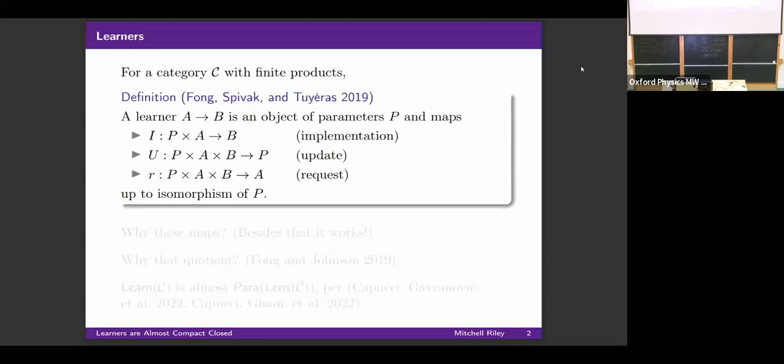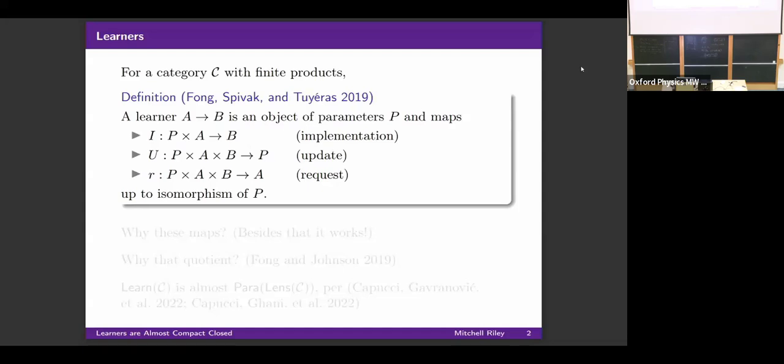And the final map is this request map, which is a little more mysterious, but is necessary to make these things form a category. In the specific case of a gradient descent learner, this is transmitting information backwards about the partial derivative of the error with respect to the input.